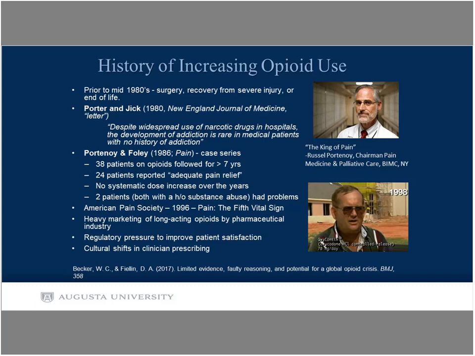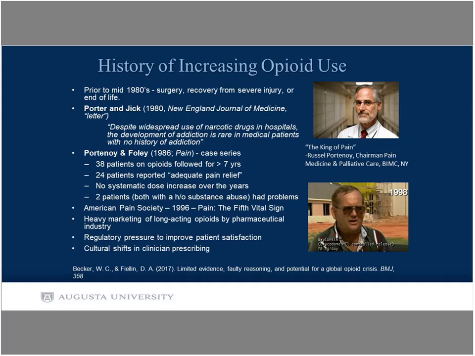So what has happened, and this has been over a little over 20 years, is a significant increase in opioid use, obviously, initially driven by prescription opioids. Prior to the mid-1980s, prescription opiates were primarily reserved for surgery and for individuals that were recovering from a severe injury, or for individuals who were nearing the end of their life as a comfort medication.